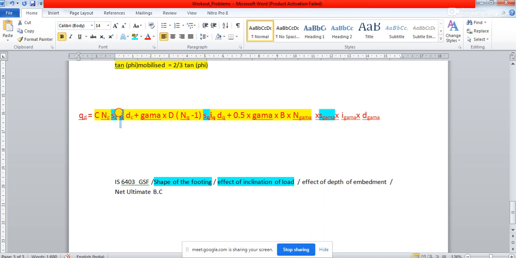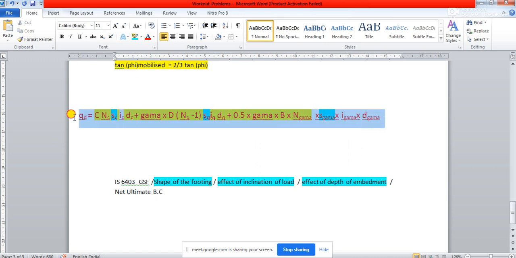So the Indian Standard Code's new factors are IC, IQ and I gamma, which are followed from some other codes and methodologies. These are considered to take care of the effect of inclination of load. And on the third part, to take care of the effect of depth of embedment, these three factors are taken: DC, then DQ and D gamma.